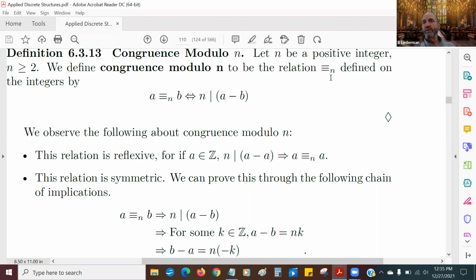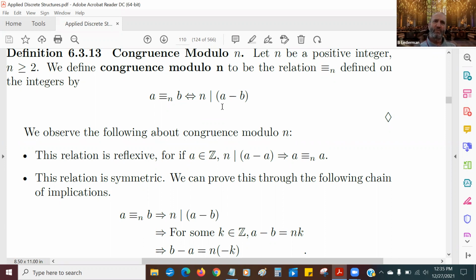It could be mod 5, mod 7, whatever. It's defined on the integers by a is congruent to b mod n, which means that n divides a minus b. Another way of saying that is that if I take a divided by n, I get the same remainder as b divided by n.